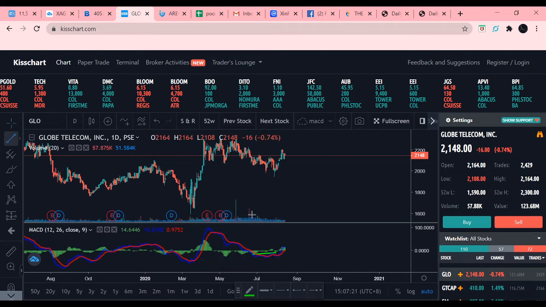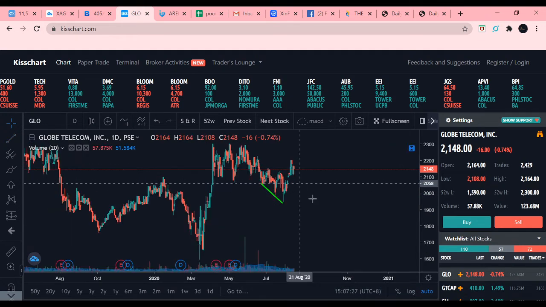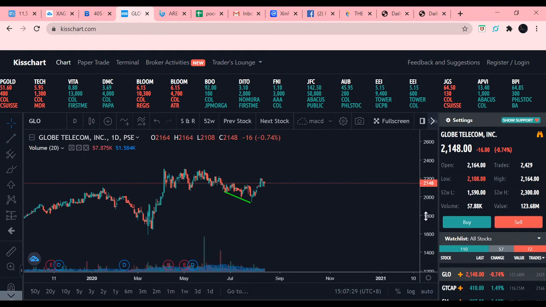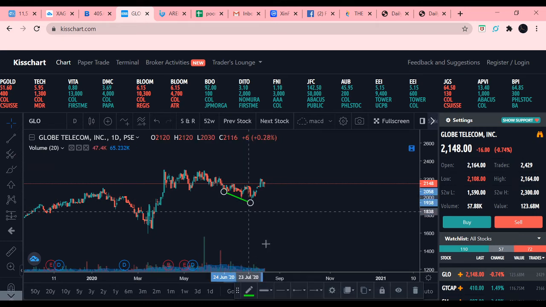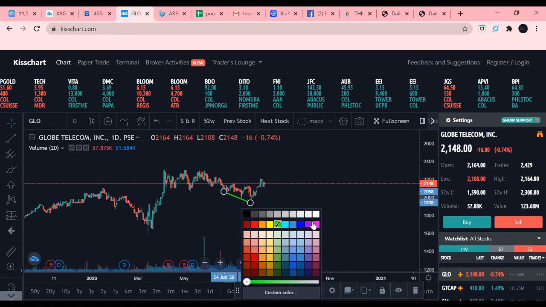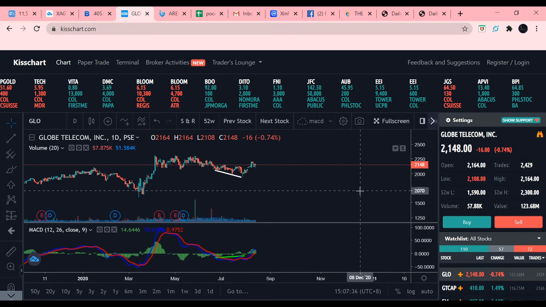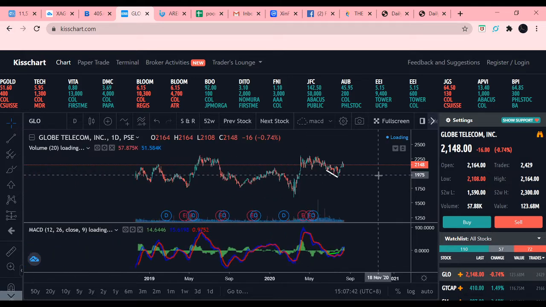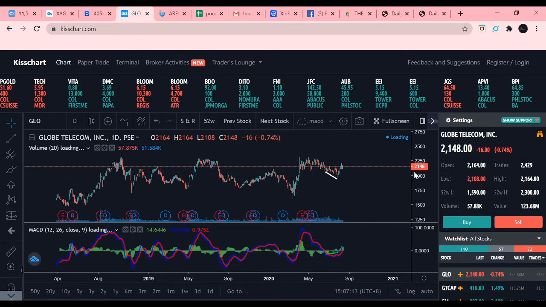And then, kung makikita mo, yung price is actually going down. So, dyan ka papasok. So, this is an example of a bullish divergence. So, on that note, check natin yung possible natin na targets sa Globe.